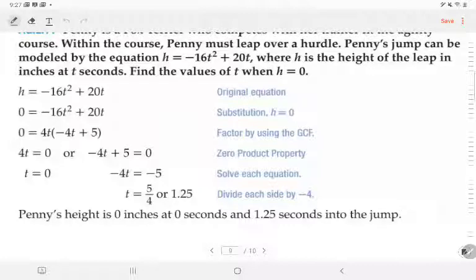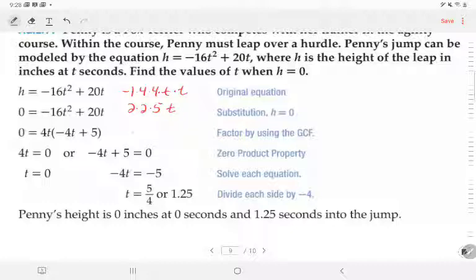Well, all I have to do, if h is going to be 0, I put 0 in for h. I can factor a 4t out of each of these because it would be 16, you would have -1 times 4 times 4 times t, and the other one would be 2 times 2 times 5 times t.